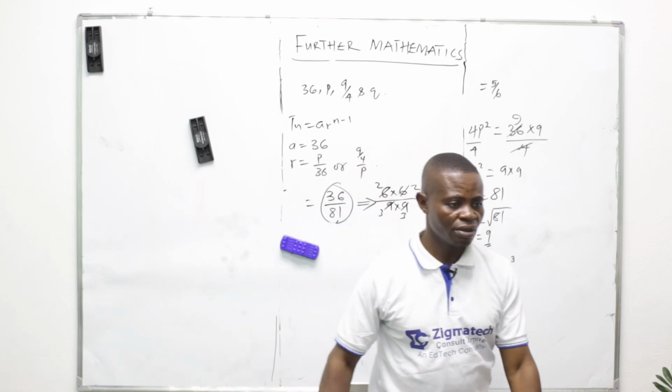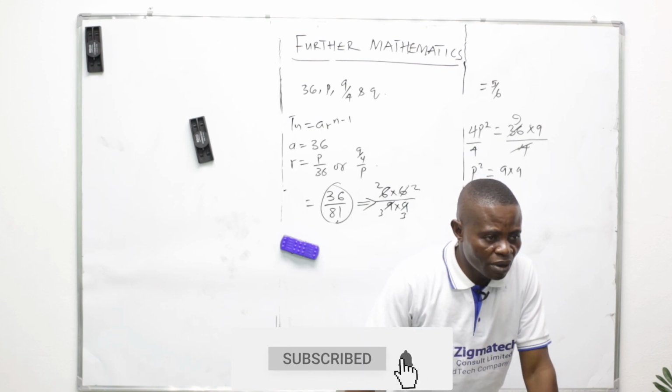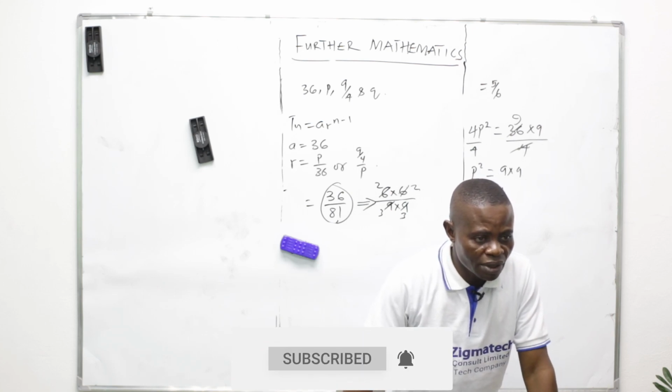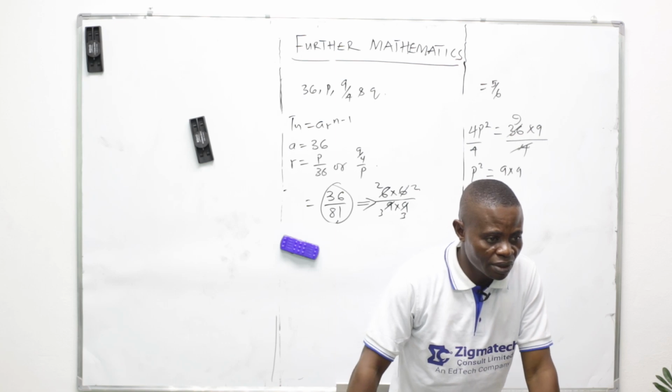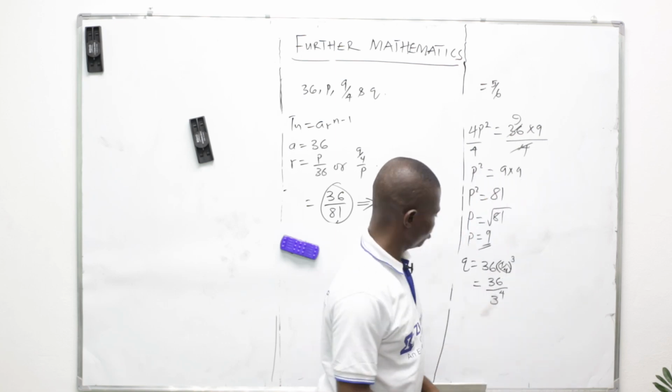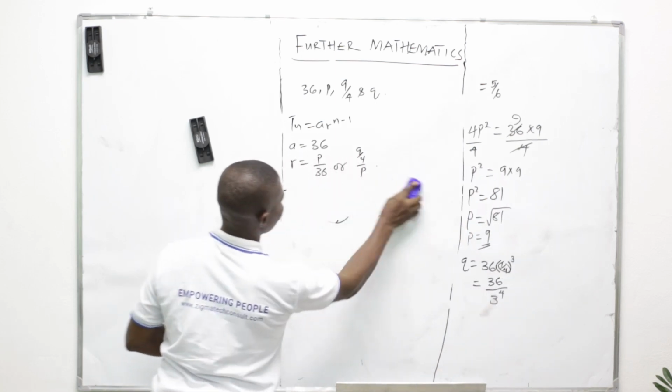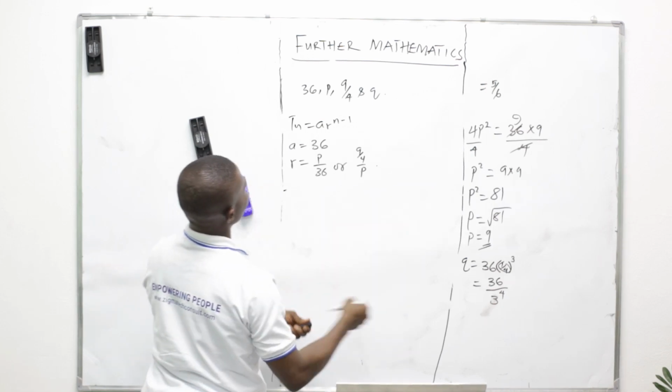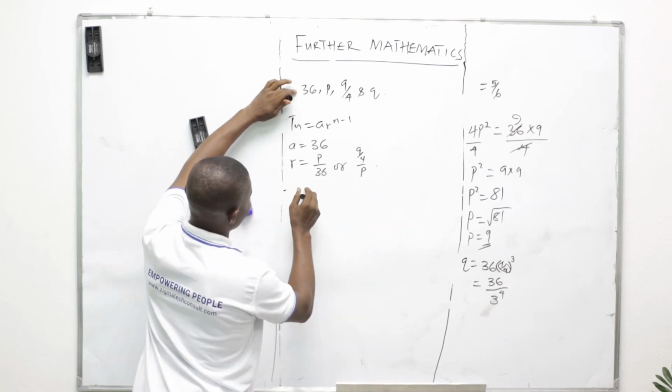Let us check again. 36, P, 9 over 4, and Q are consecutive terms of a geometric sequence.